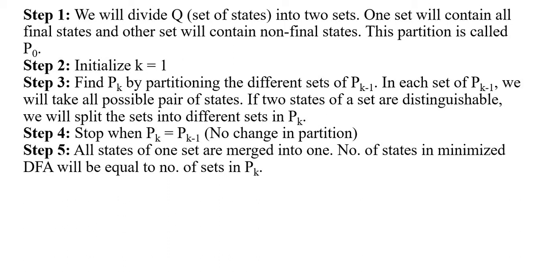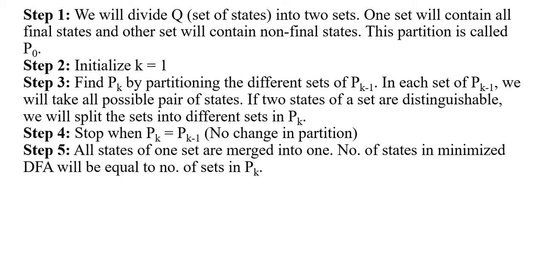Now divide this Q into further sets. How will you decide the partition? Find Pk by partitioning the different sets of Pk minus 1. In each set of Pk minus 1, we will take all possible pairs of states. If two states of a set are distinguishable, we will split the set into different sets in Pk.